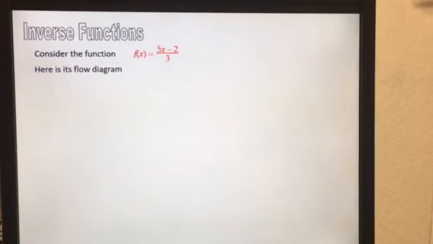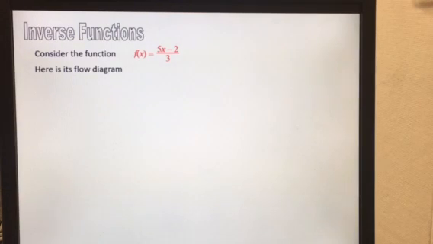The inverse of a function is a rule that shows the process backwards, from input to output and then from output to input. So consider this function f of x equals 5x minus 2 over 3.